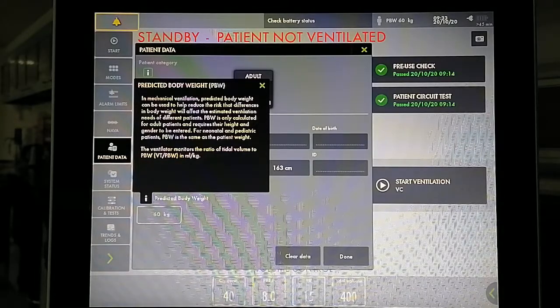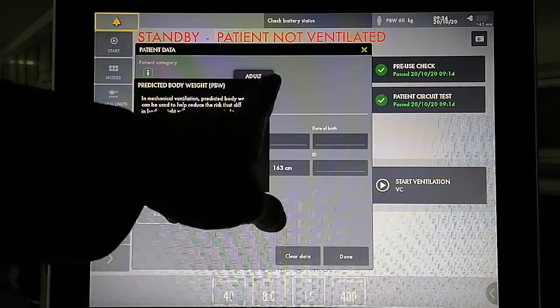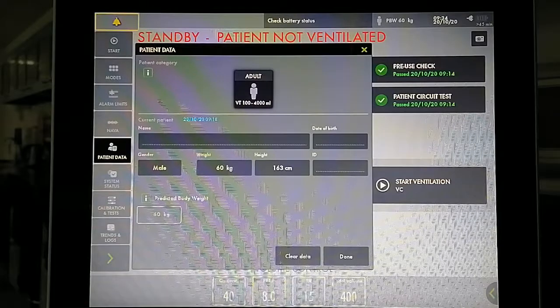So the ideal body weight, whether you are ventilating in volume control or pressure control, is the basis for the target tidal volume in ml per kg. Usually we are now using at least 7 to 8 ml per kg for most ventilation needs of our patients.